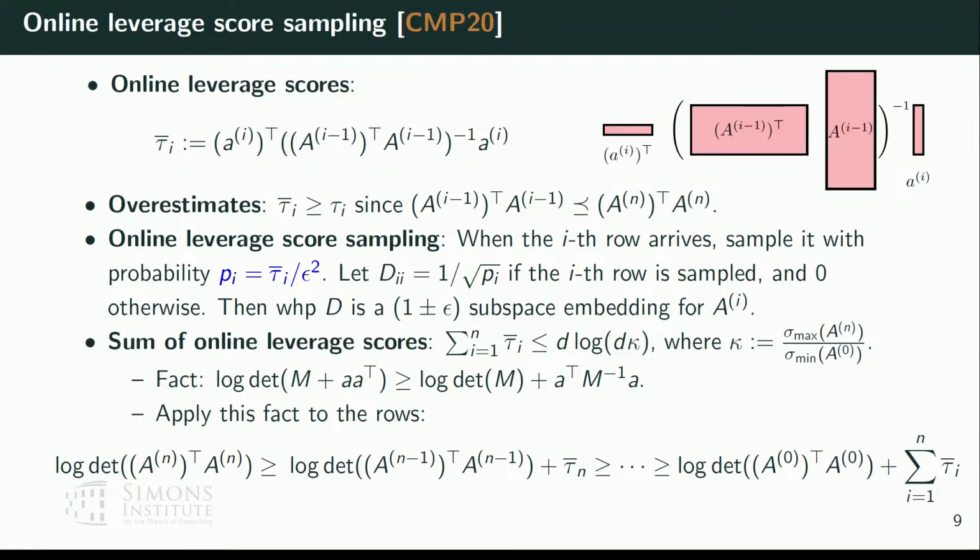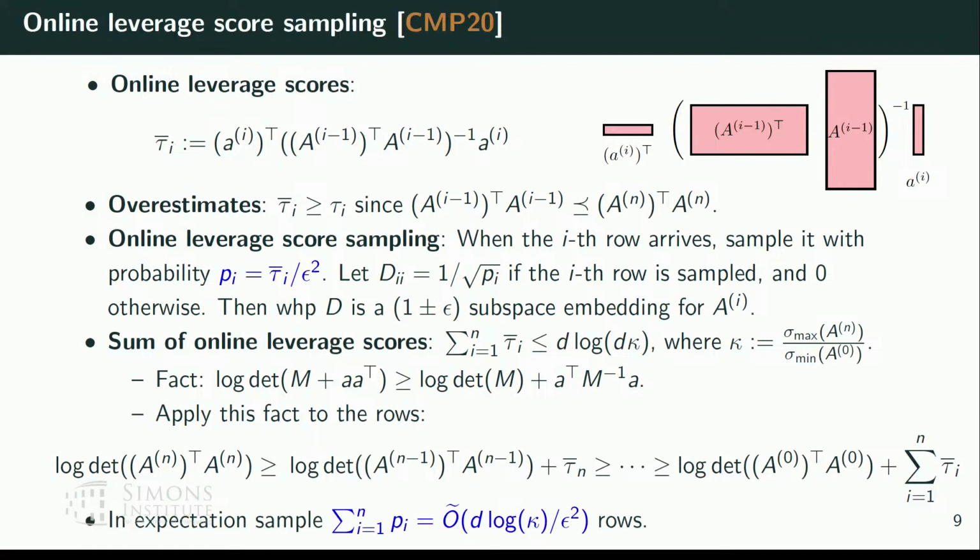So the summation of all the online leverage scores is smaller than the log det of your final matrix minus the log det of your initial matrix, and that's exactly bounded by d log kappa. So that's why we get this d log kappa factor here.